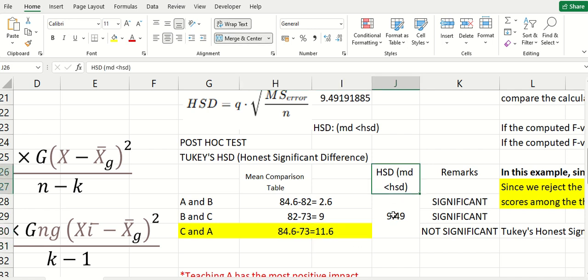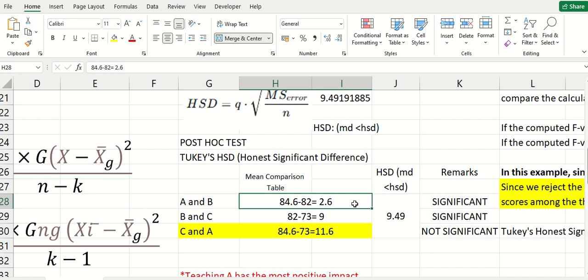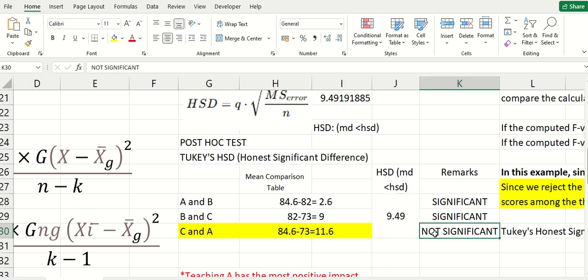Now, this is the golden rule: the mean difference should be less than our honestly significant difference. For the first one, 2.6 is less than 9.49, so it's significant. 9 is less than 9.49, so significant. However, 11.6 is greater than 9.49, so not significant. It's okay, because in the overall interpretation, if we have two significant, then we call it significant.